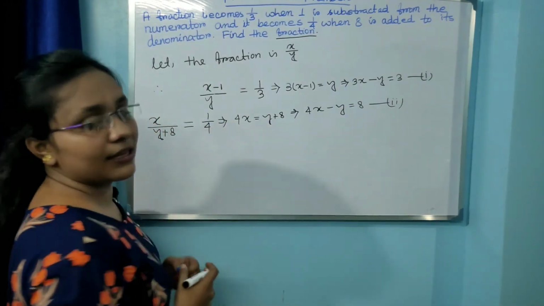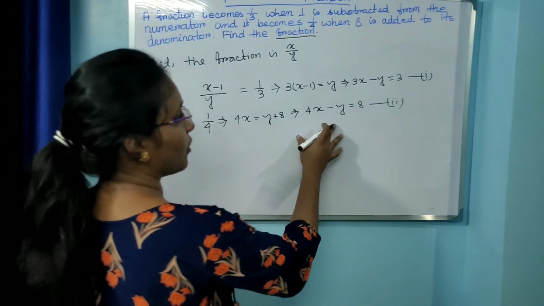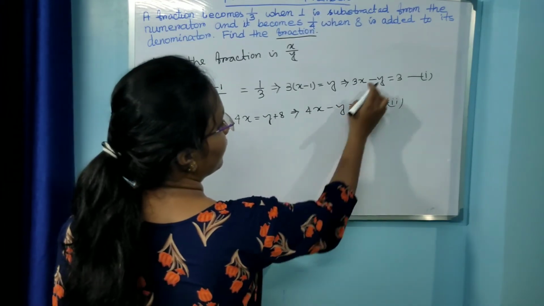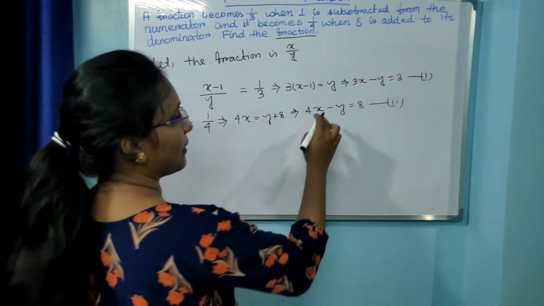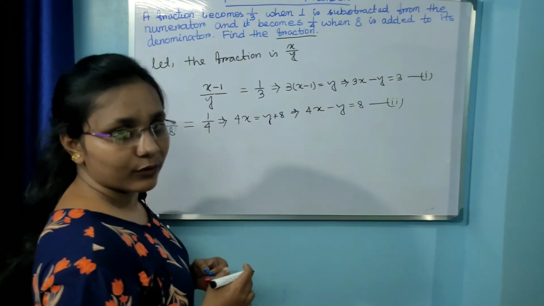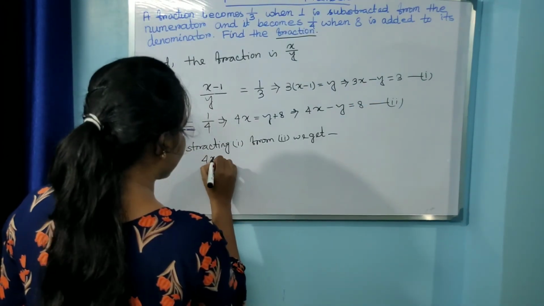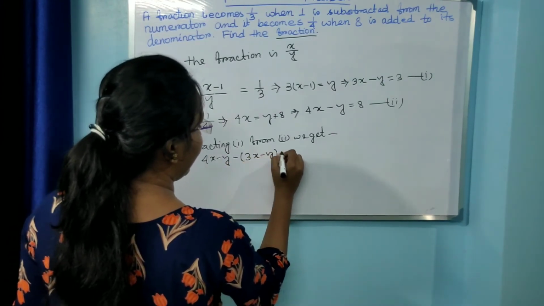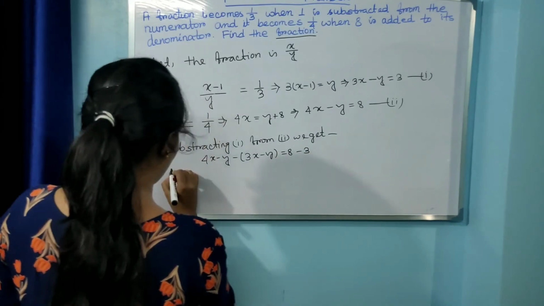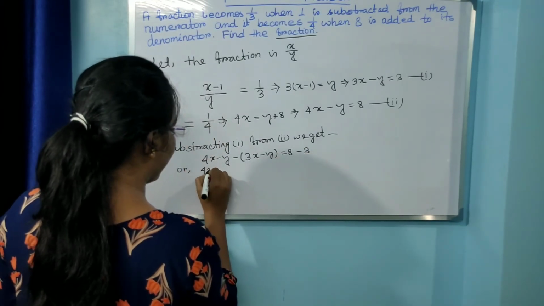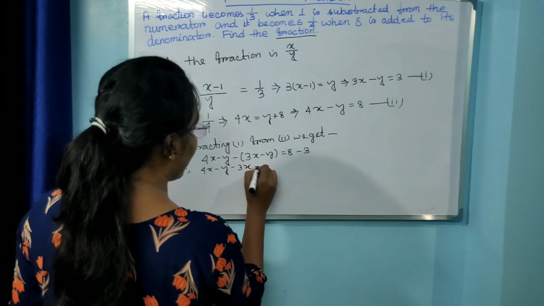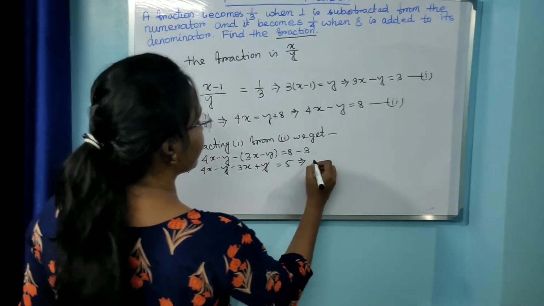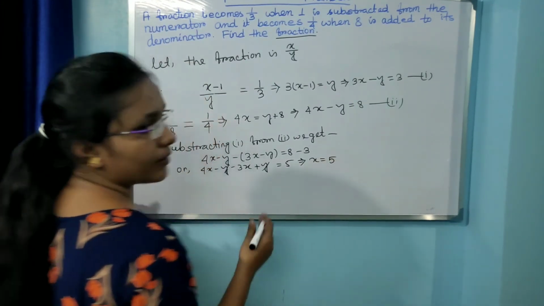Now these 2 are a set of linear equations, so you can solve them by any method. Here I will apply the elimination method where the coefficient is 1 and 1, that is the same, but here minus y, here minus y, so we have to subtract. 4x minus y minus 3x plus y equals 8 minus 3, that is x equals 5. So x is ready.